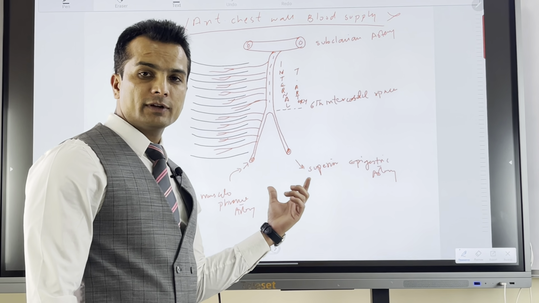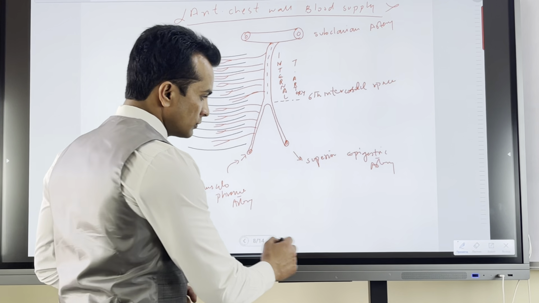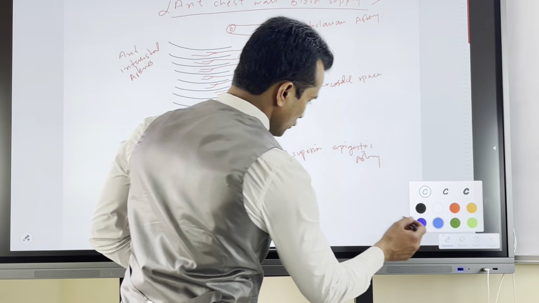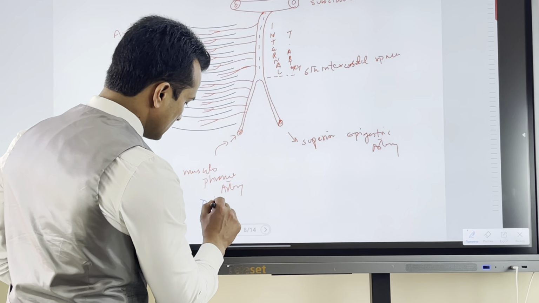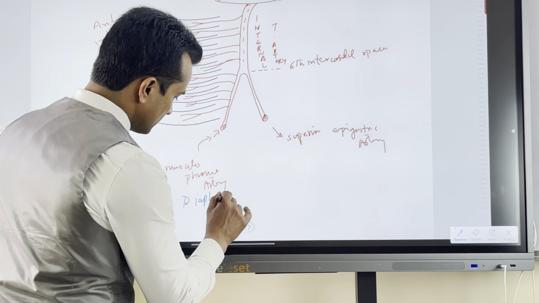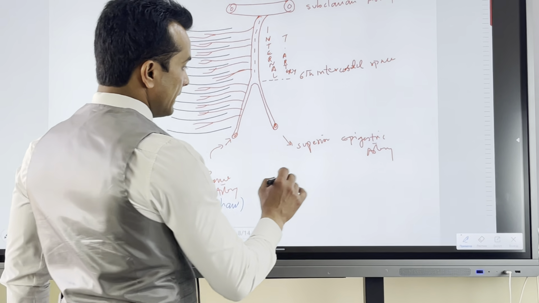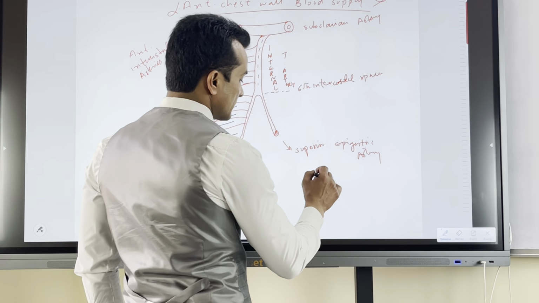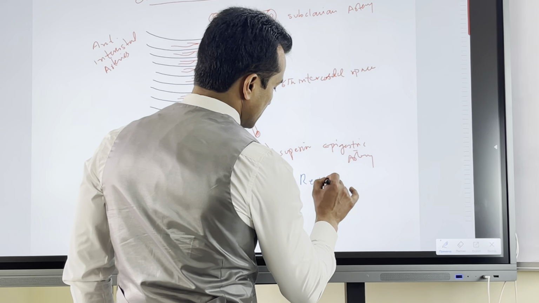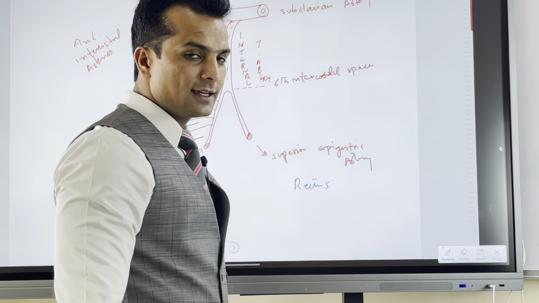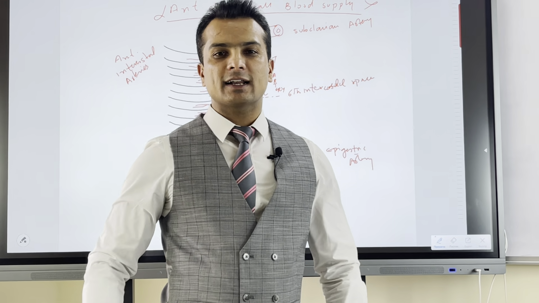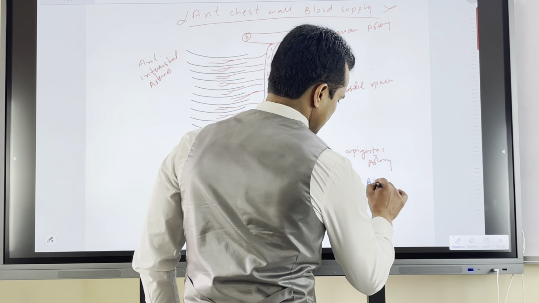The musculophrenic artery supplies the anterior lower 5 intercostal spaces, and also the diaphragm muscle. The superior epigastric artery supplies the rectus abdominis muscle, more precisely the upper part of the rectus abdominis muscle.